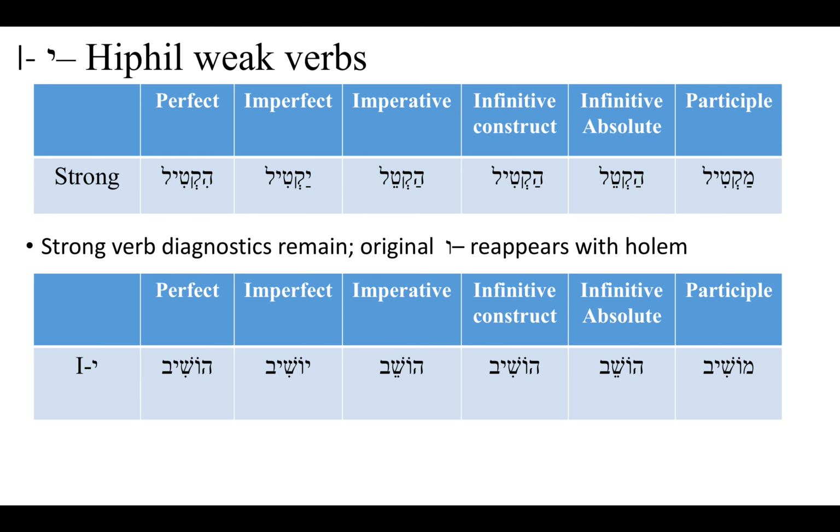So the prefix consonant stays the same in all of these. The main change that occurs is that holem vav shows up there in these first yod forms, and we also have to keep in mind when looking these up from the dictionary that this first yod has been lost, so you'll only be able to find these words from the dictionary if you look under yod verbs.